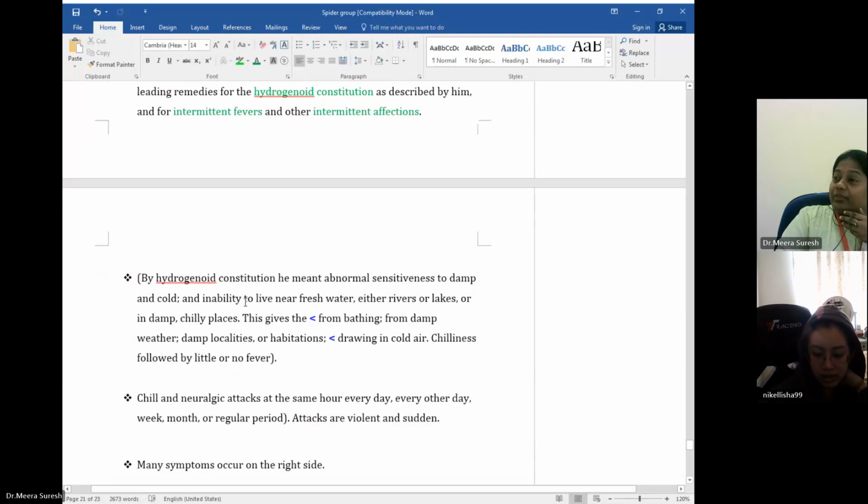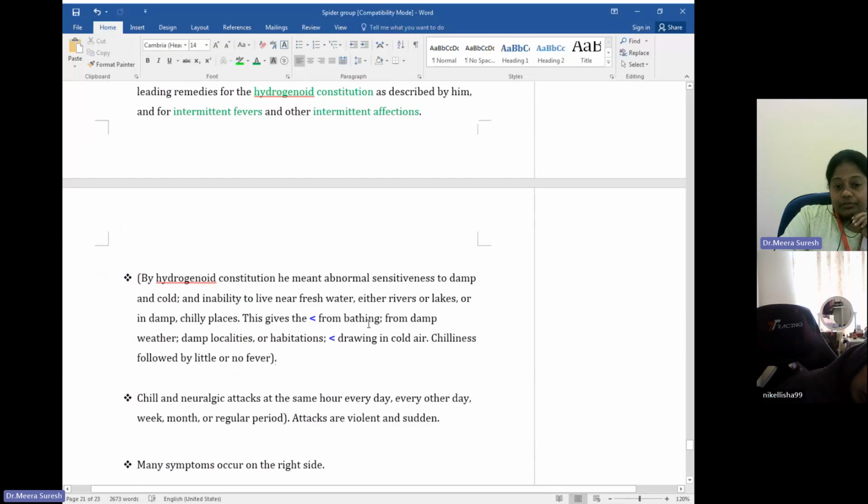Even if there is seaweed, some type of algae, even that will be a problem. It is not only non-veg or fish that causes problems for them. Anything from water is going to be a problem for these people, so they can't live near it.